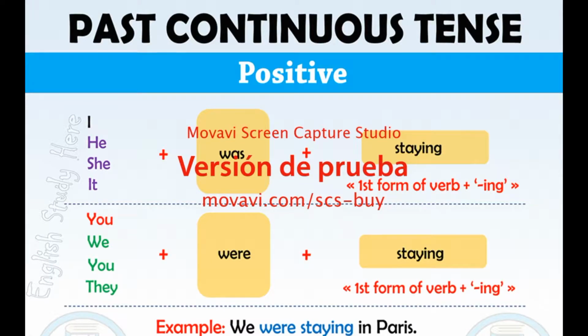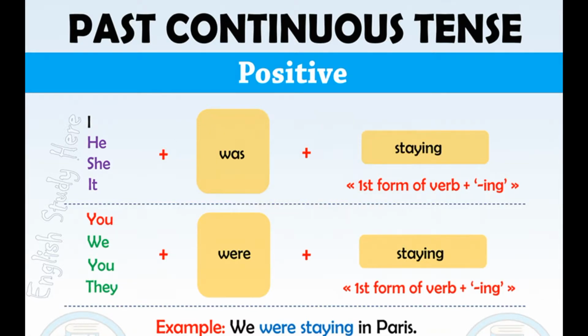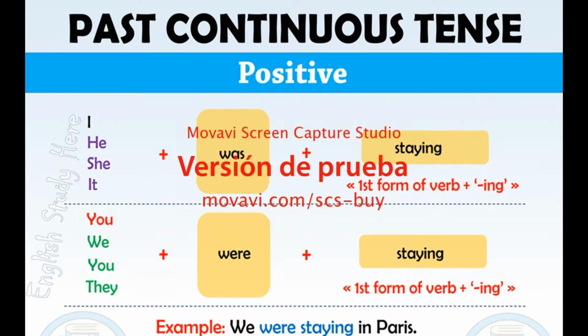Well, I am going to present the past continuous tense, the grammar in positive form. When we have the pronouns I, he, she, and it, we need the auxiliary was, and we need to use the verb in first form and -ing.